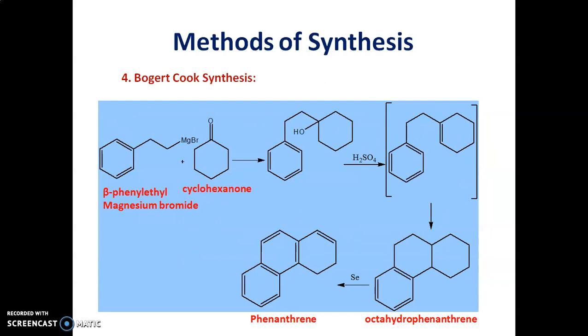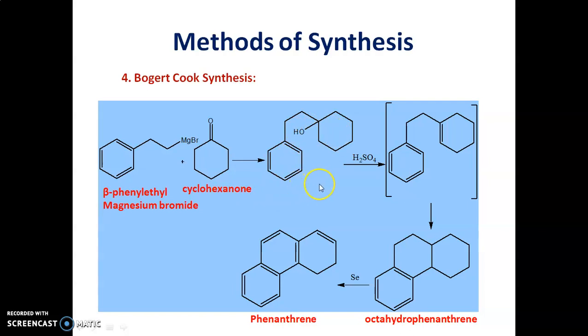The next method for synthesis of phenanthrene is Bogert-Cook synthesis. In Bogert-Cook synthesis, the starting material is phenyl ethyl magnesium bromide, which on condensation with cyclohexanone gives cyclohexanol derivative.